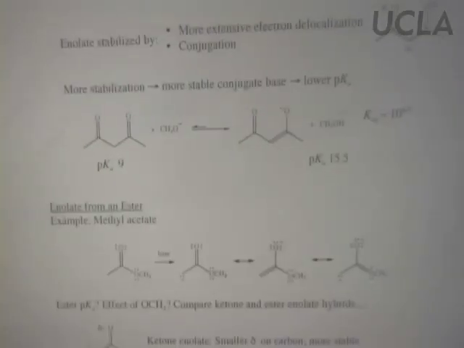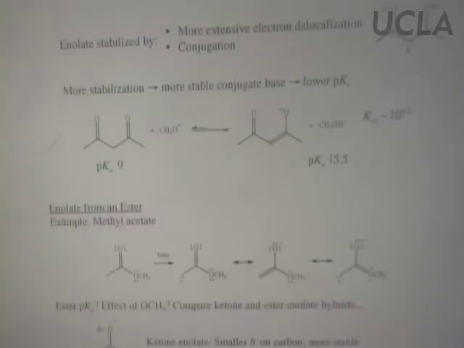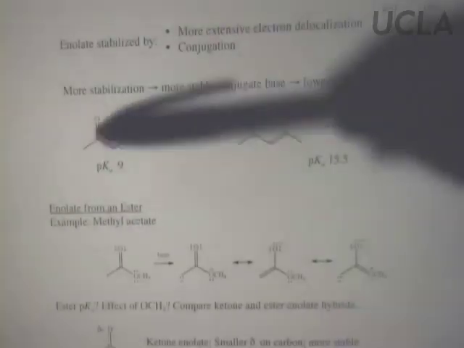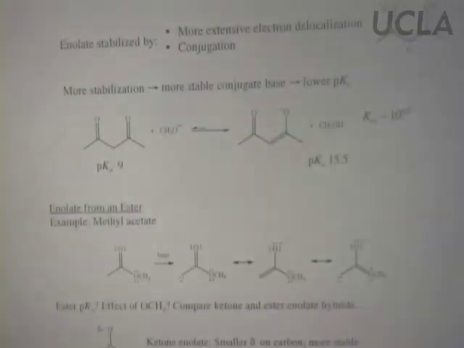And by the way, you don't need to memorize pKa values. A pKa of 9 is a lot more acidic than acetone, and if we react it with methoxide, which is about equal in basicity to hydroxide, the equilibrium constant in this case lies to the right by about 10 to the 6.5. That means roughly only 1 in something like 5 million of the diones have not been converted to the enolate when they're reacted with base.